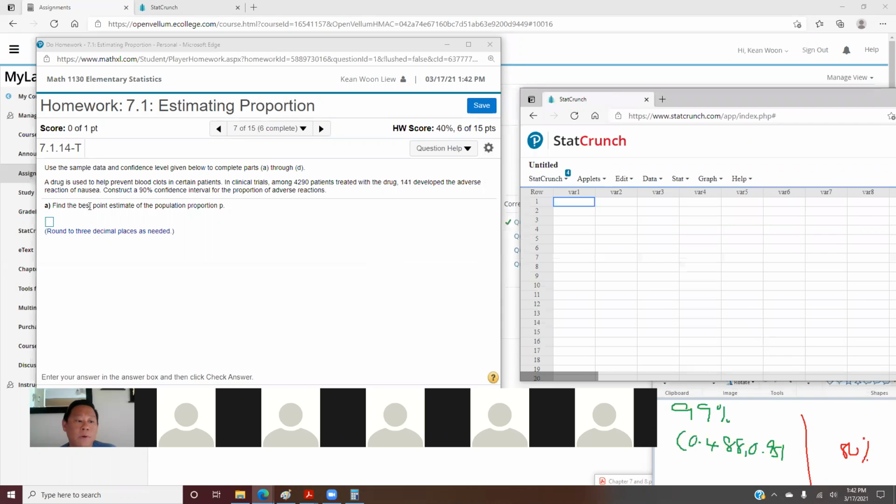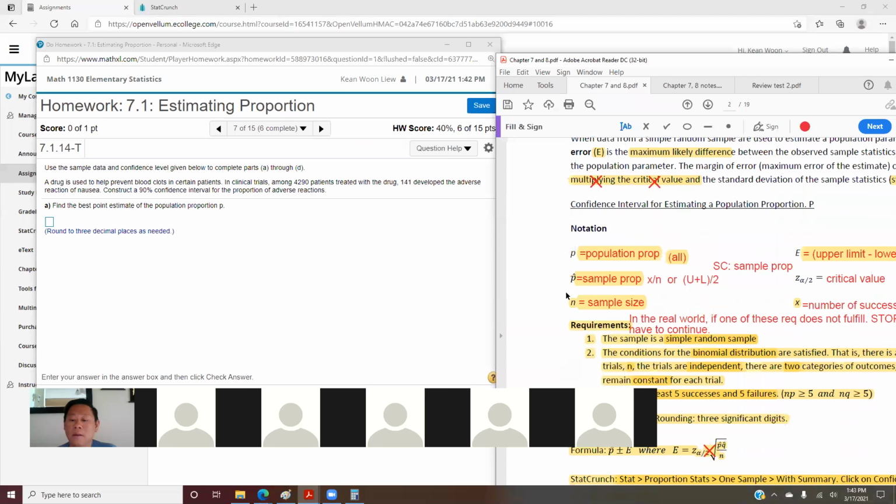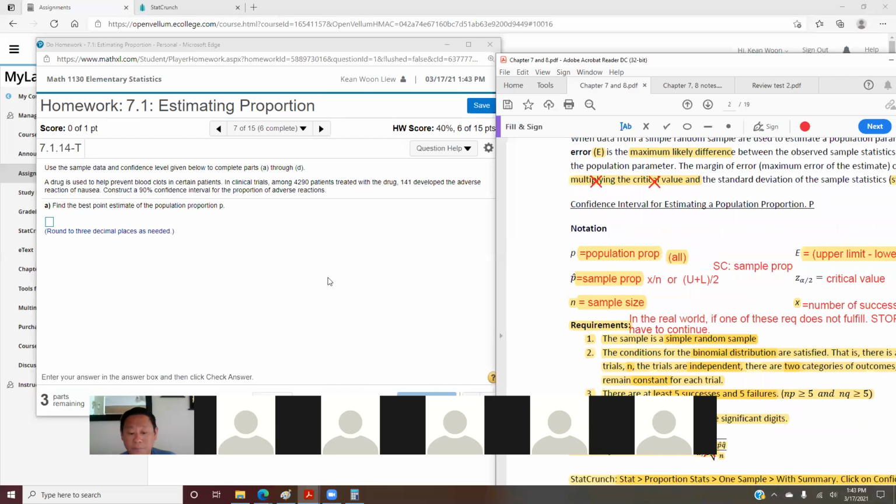What is the best point estimate in this case? And how do we find it? To find your best point estimate, you have to take these two. So can you tell me what is the best point estimate and how do you find it here?